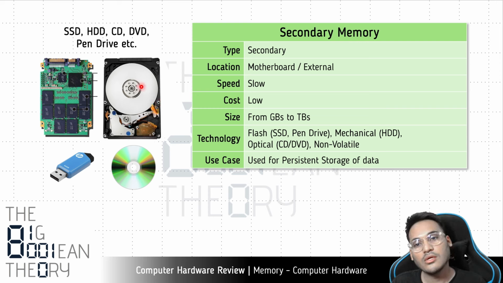Mechanical because here we have a motor which rotates, so there are moving parts. That is why this is a mechanical technology. Then there are certain memories like CD or DVD which are classified as optical because they use light for reading or writing. And the final thing is that they are non-volatile, that is they are persistent forms of memory. So this was about the different properties of secondary memory.